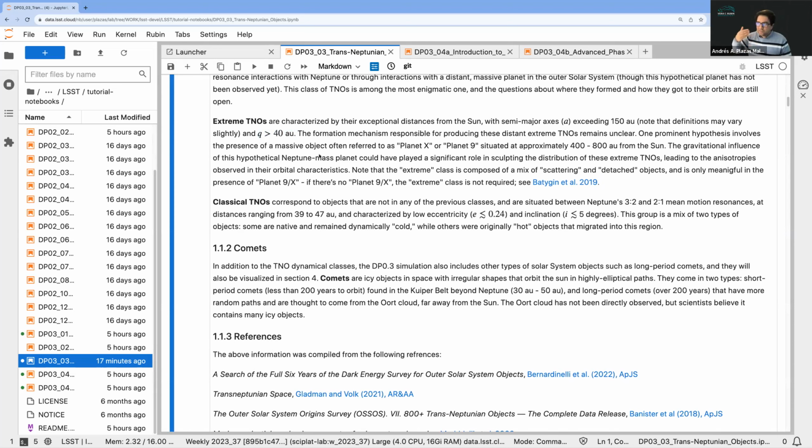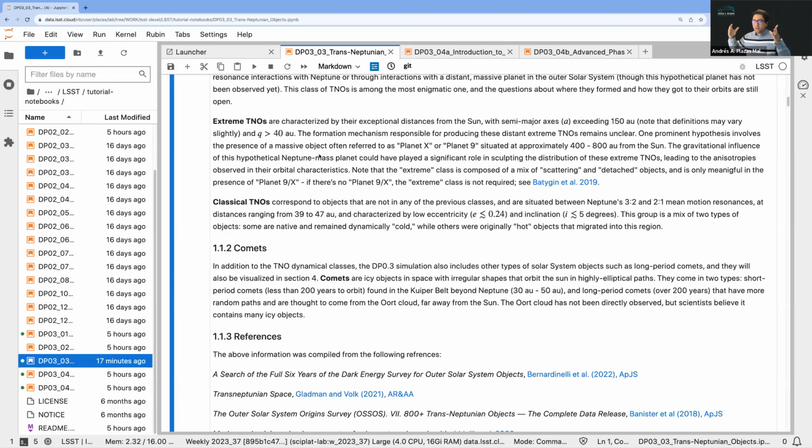This is another population whose formation is a little bit unclear, and in particular their clustering. We know only a handful of these, and please, Sarah, correct me if I'm wrong, and by a handful I mean of the order of 20 or something like that.